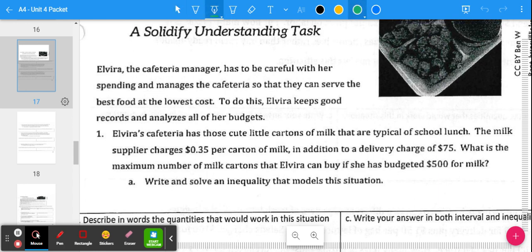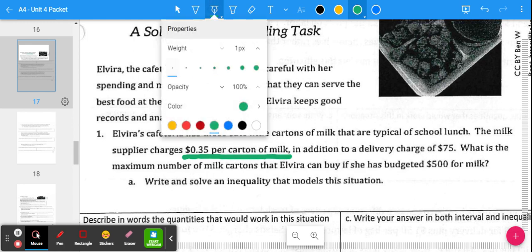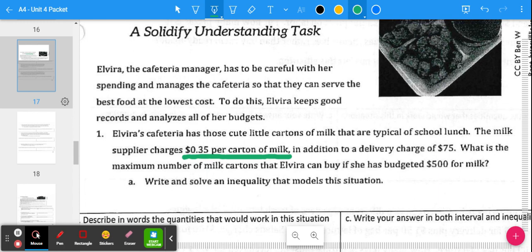So the first thing we have to identify is our rate of change and our starting amount. Because it's charging 35 cents per carton of milk, that "per carton of milk" lets us know that is our rate of change. And then we have a delivery charge of $75.